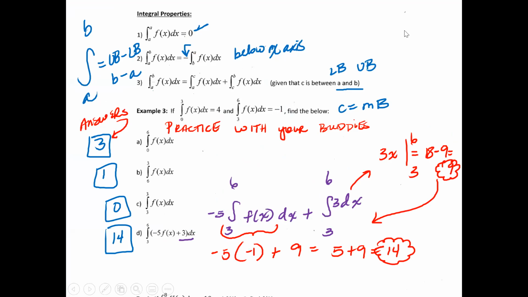Okay, so now what I want you guys to do is go ahead and read the integral properties right here. So for number 2, notice that it's always between a to b.